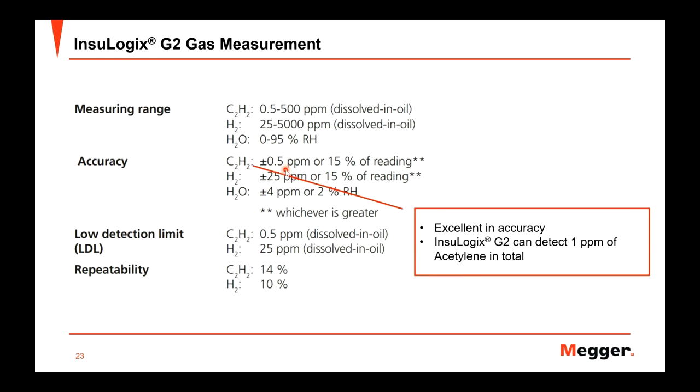Meaning, if you have experience measuring acetylene before, and you found that, wow, there is acetylene inside of your transformer, you alert, tell your superior, tell your boss, tell your owner, you have to investigate, something happened inside your transformer. But is it the real alarm or the false alarm?